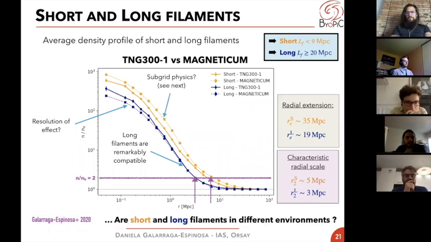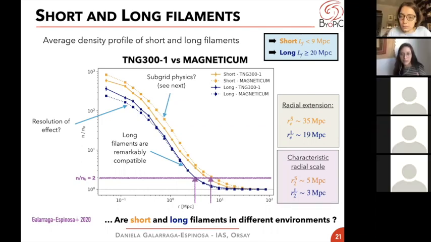Yes, so that's where we think that maybe the shorts are not matching because TNG and MAGNETICUM are different simulations that have different, I don't know how to say, recipes for the subgrid physics, for example for the star formation and for the AGN feedback, and these recipes can be responsible for the difference.